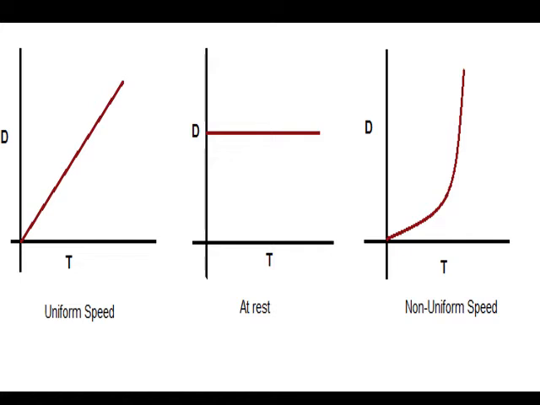It is identified by a straight line passing through the intersection point between the time axis and the distance axis. The second graph explains a body at rest, so the distance line will be parallel to the time axis. The third graph explains the relation between distance and time in the case of non-uniform speed, and it is shown by a curved line.